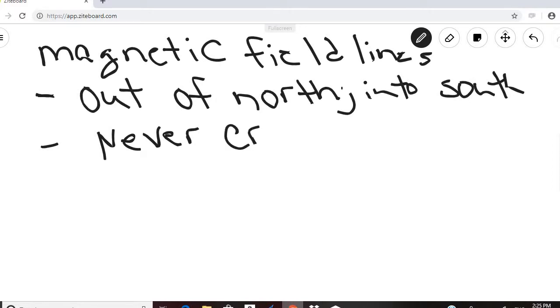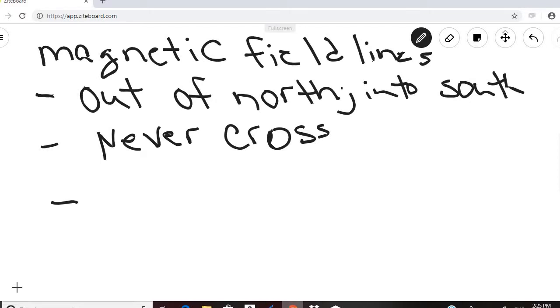And lastly, what we are looking at when we draw magnetic field lines is we are saying, if the north pole of a magnet is placed into the field, what will be the directions of the magnetic field lines?